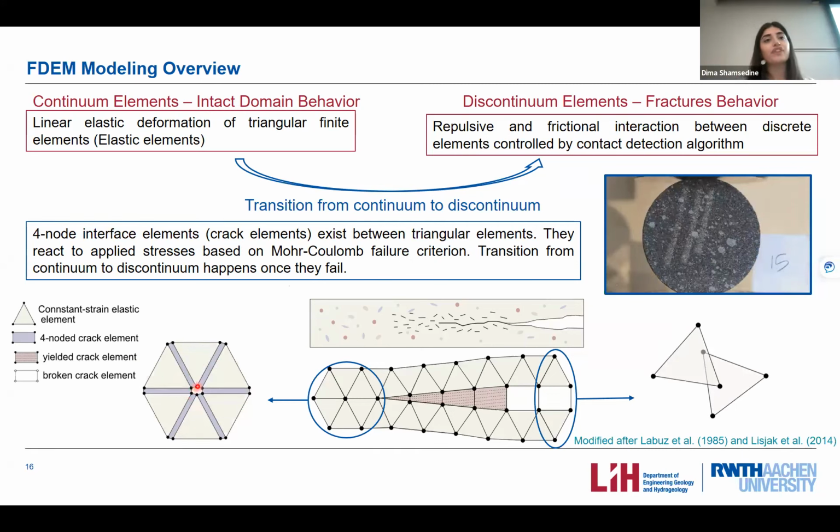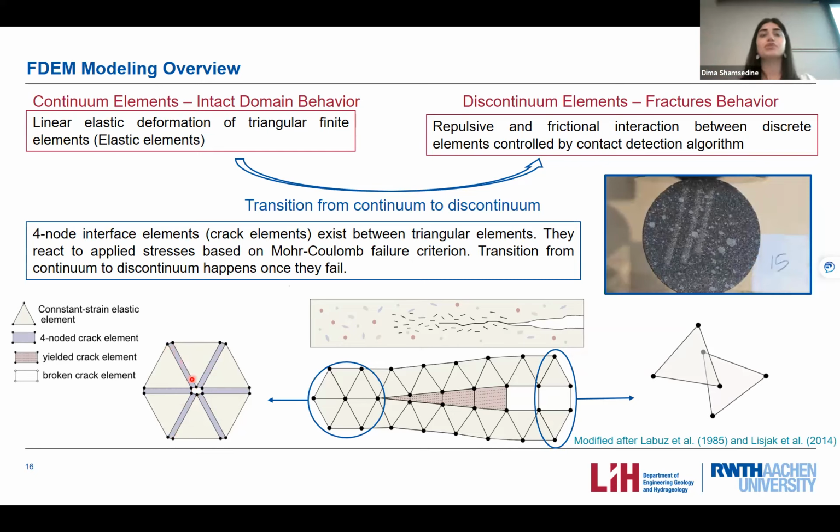The fracturing process happens in these zones represented by the blue zones. The blue zones are called the crack elements. They are 4-noded elements implemented between the triangular finite elements, and they represent the potential fracture that will happen in the material.